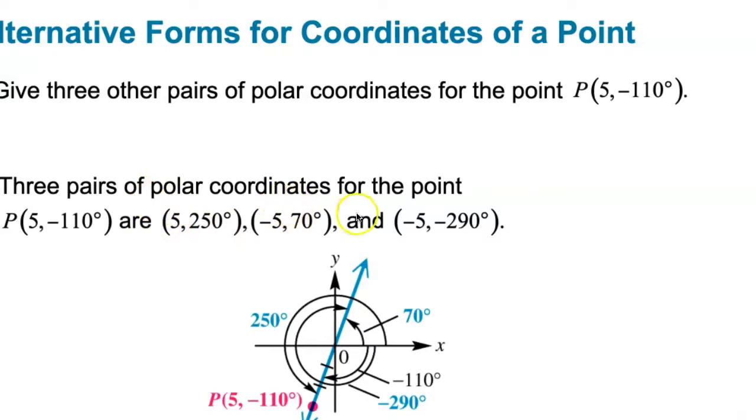And if you want to switch to negative 5, then you can just add or subtract 180 degrees from this original value. And then once you get that first point, you can add multiples of 360 onto the second coordinate, which is the angle. So you can review that as slowly as you need to by pausing the video.